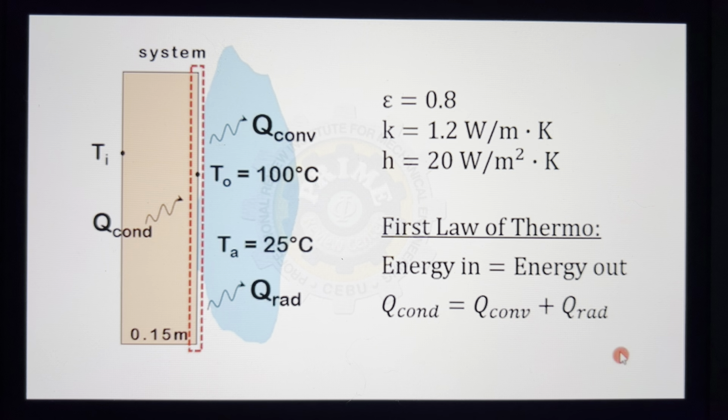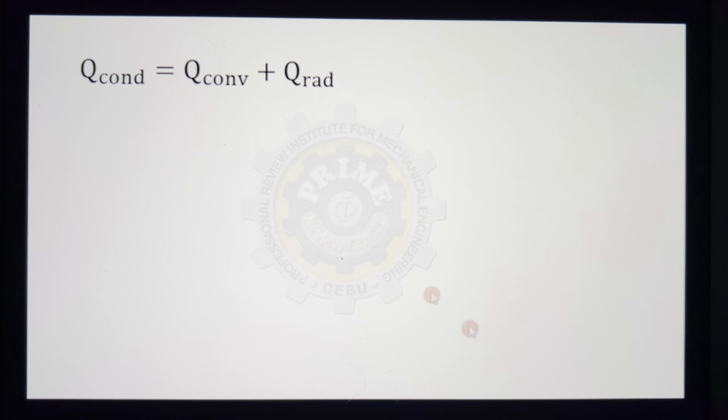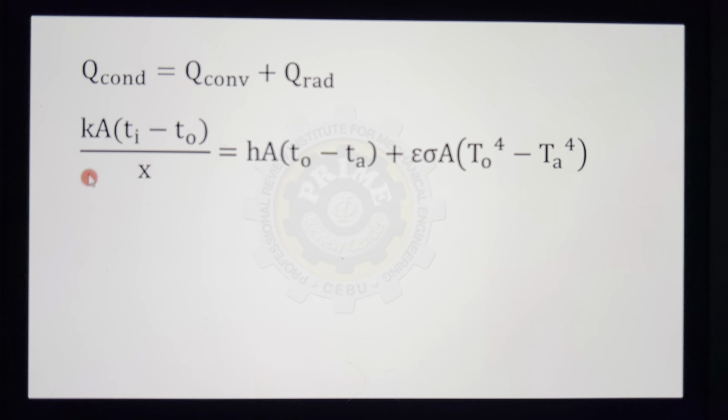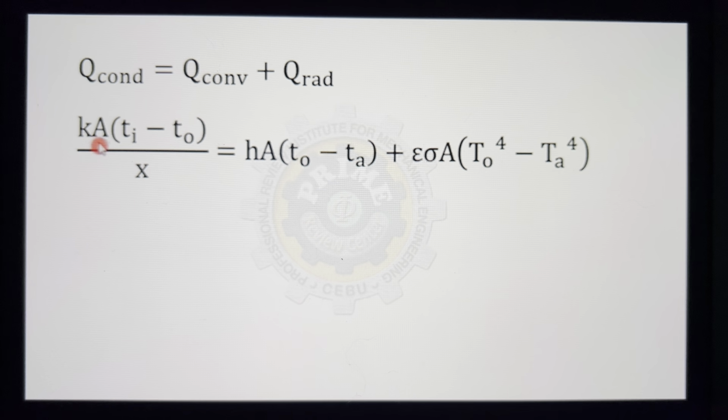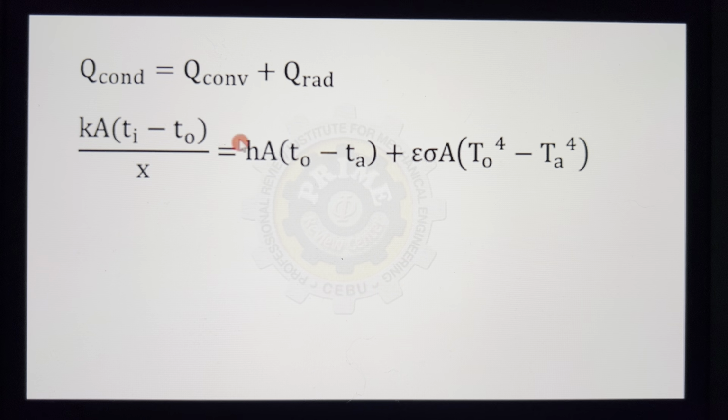Okay, so let's try to expand yung equation. So Q due to conduction is actually thermal conductivity ng material, then times the area ng wall, then times the change in temperature between the inner and the outer surface ng wall. So that is Ti minus To. Then divided by the wall thickness, which is yung x.